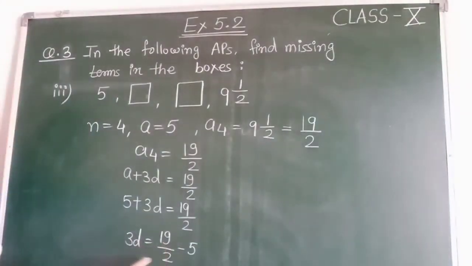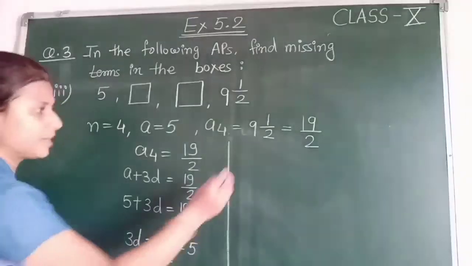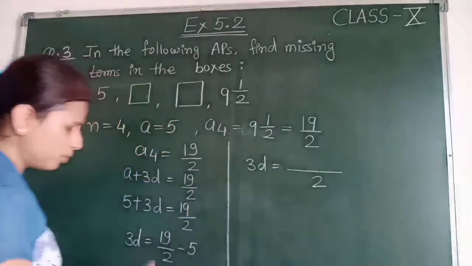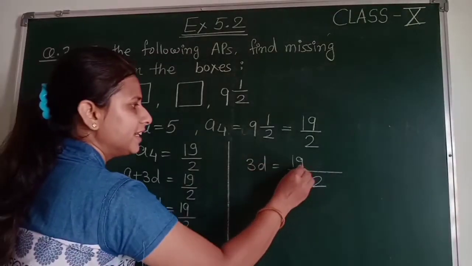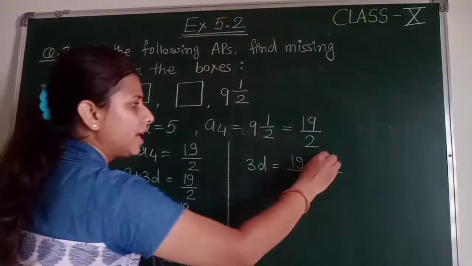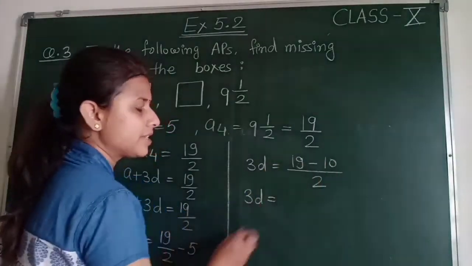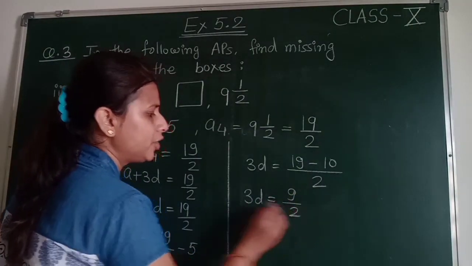For solving this, we will take the LCM, and we will get 3D equals, LCM will be 2, 19 minus 5 2s are 10. 3D equals 19 minus 10, it means 9 by 2.